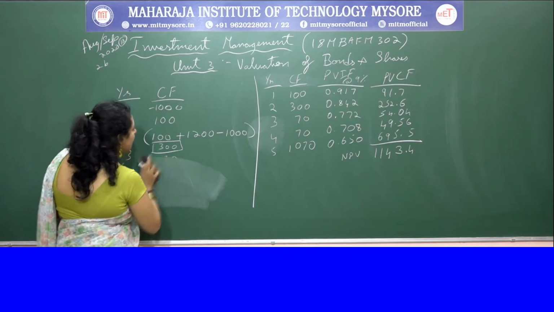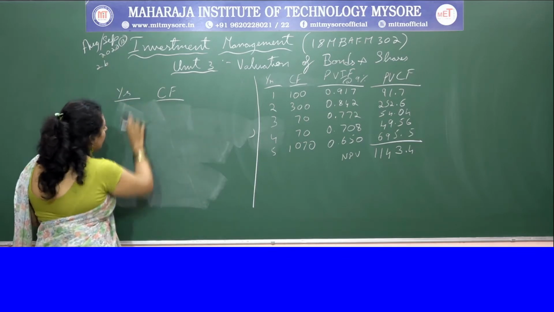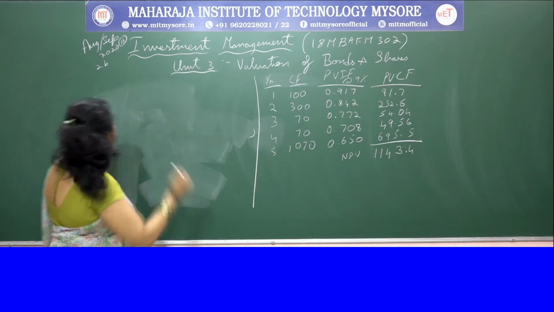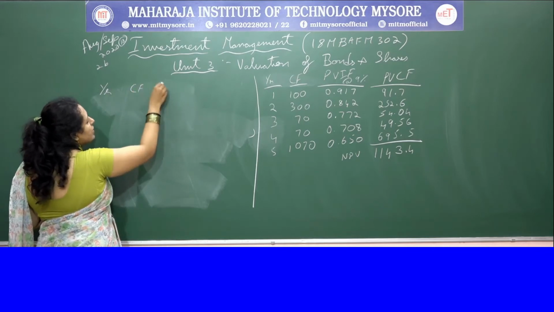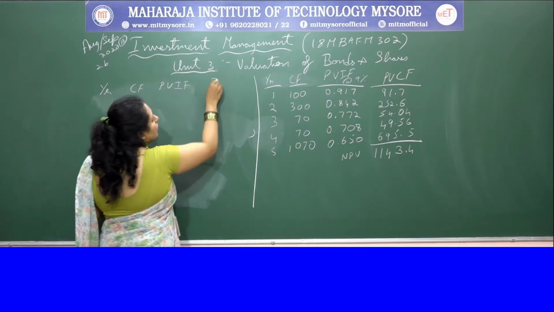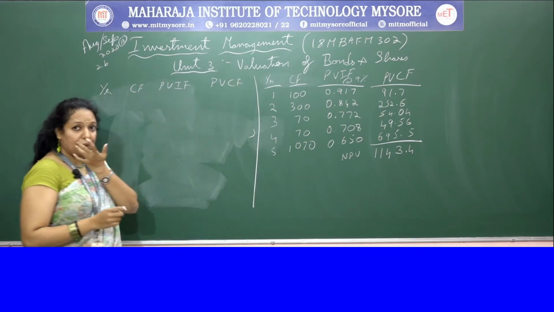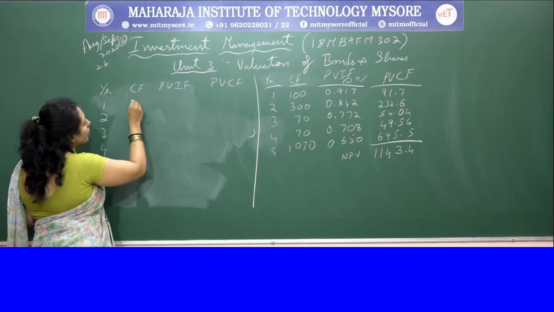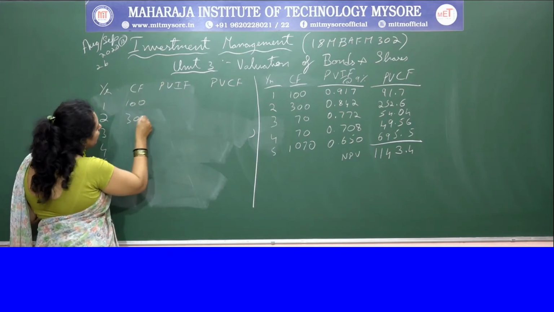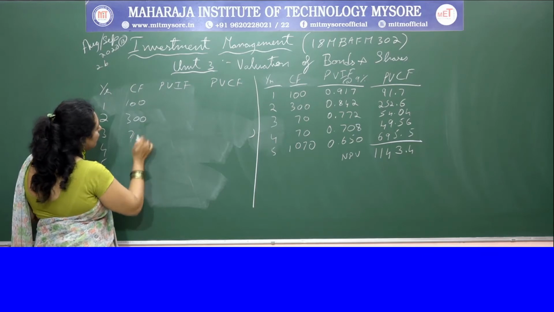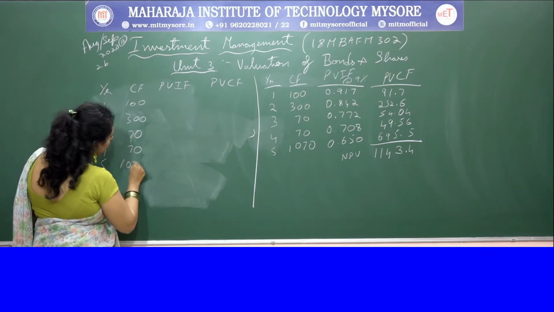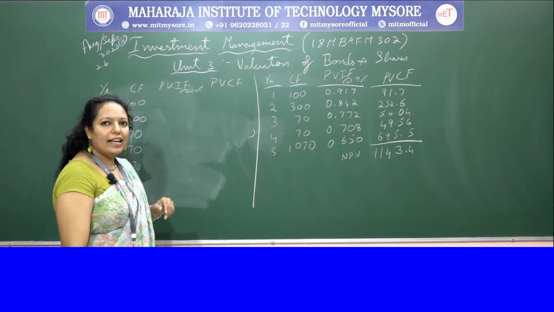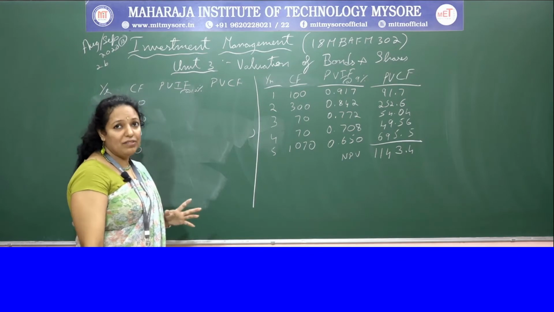I'll clear here so that I can continue. So I'll take 15%. 100, 300, 70, 70 and 1070. I'll take it at 15%. In the same way you have to take the table values.